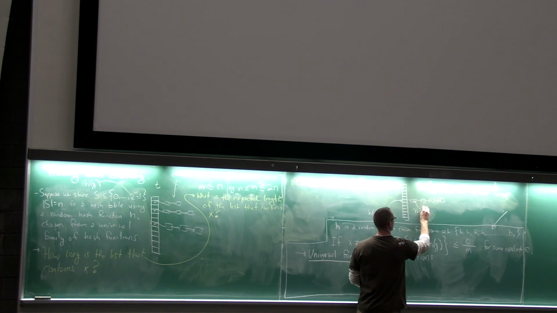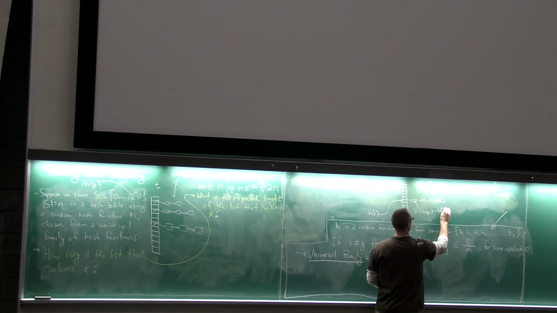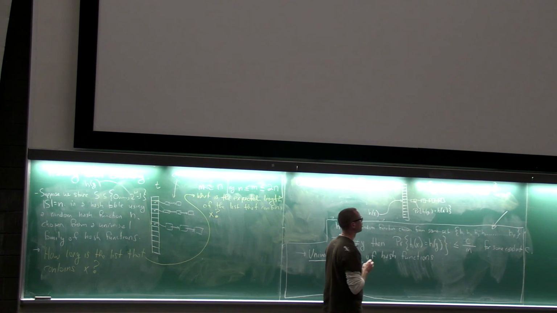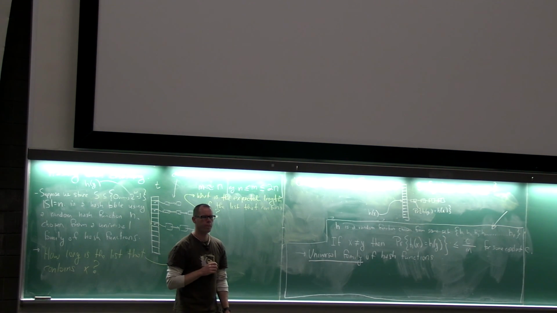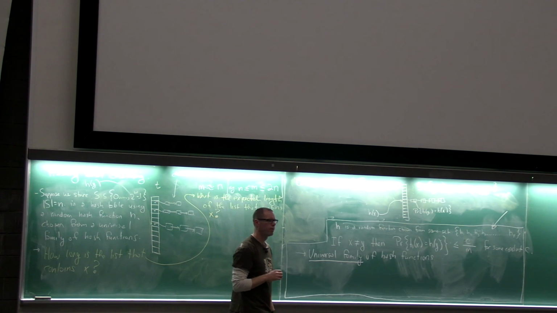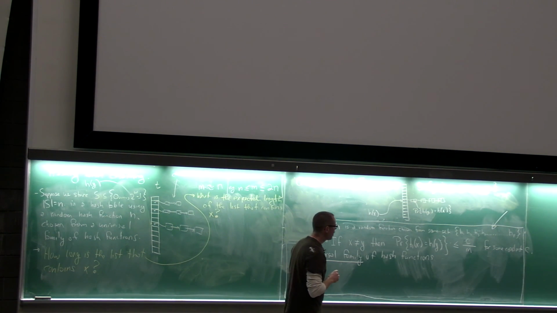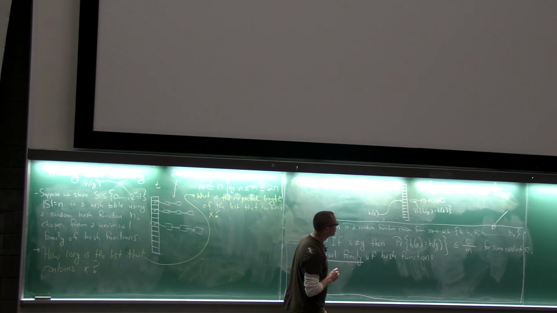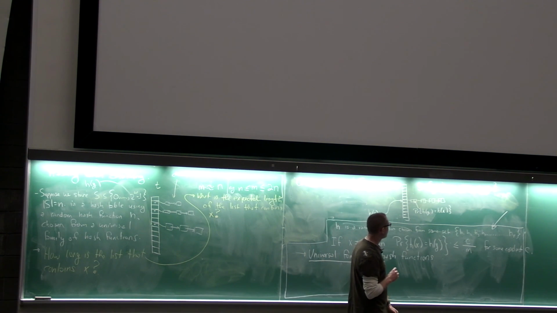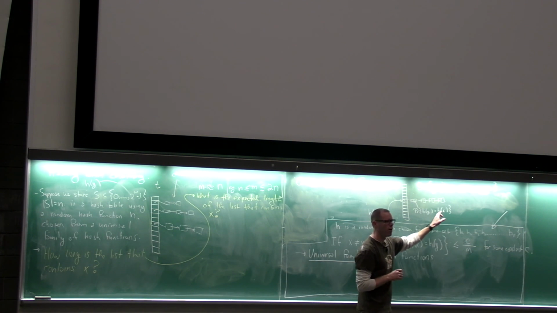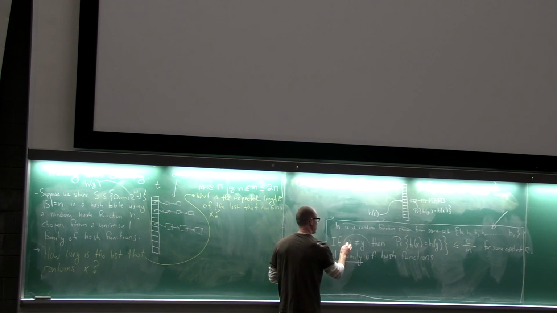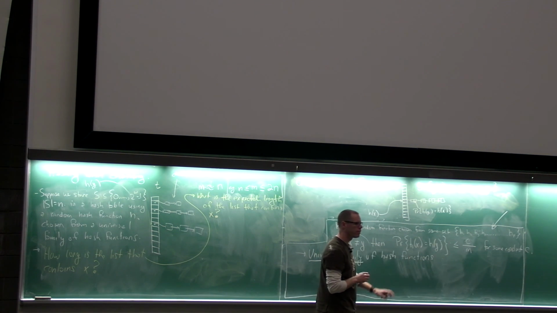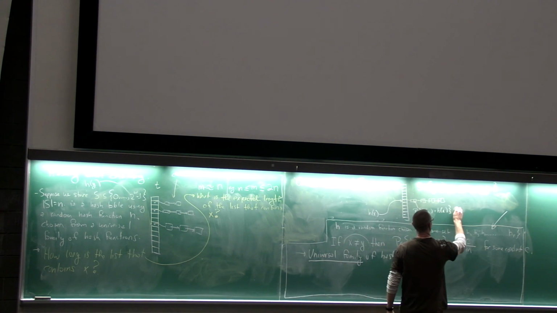Which is the same thing as asking, what's the probability that h of y1 is equal to h of x? What can you tell me about that? Yeah? It's at most c over m, because x is not in the set, so in particular x is not equal to y1, so we satisfy this condition, which means that this condition holds. And so the probability is less than or equal to c over m.